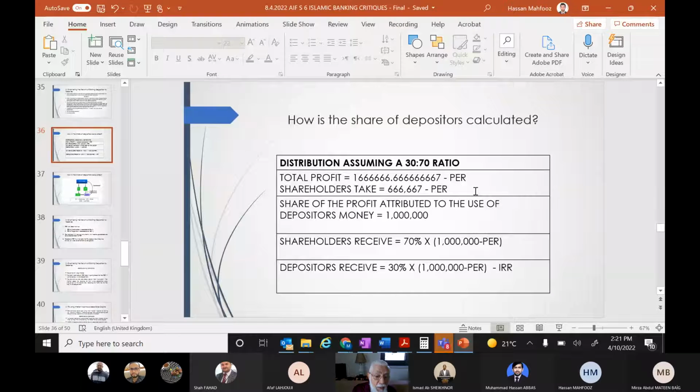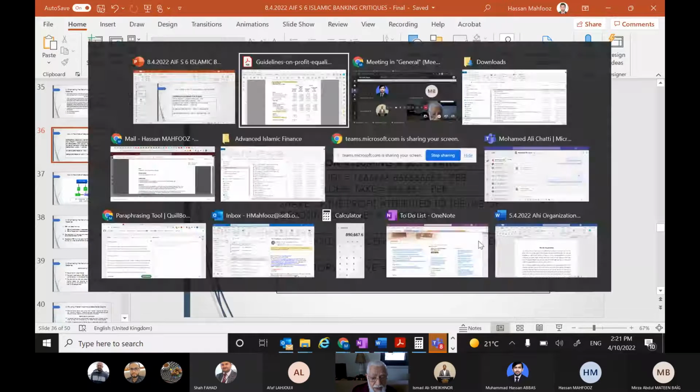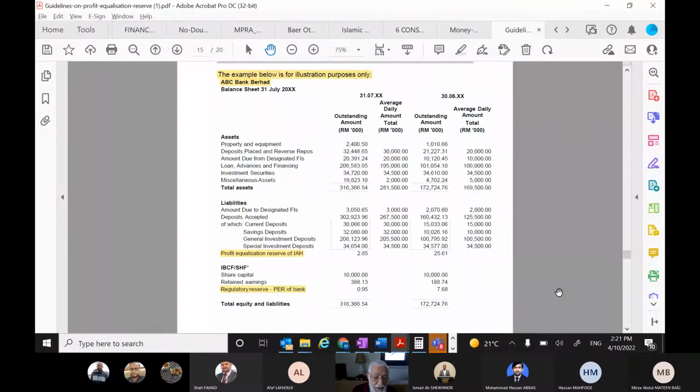Now, how about the other reserve? Is the reserve here considered? Bring us back this balance sheet, please, Hassan. Now here, do we consider the PER, the part of it that belongs to depositors, in the distribution of profit as a depositor also?